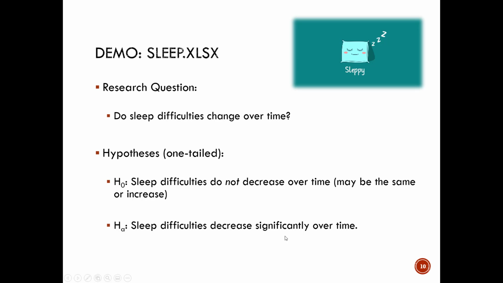Here's one alternate hypothesis. The null hypothesis is the other side, where the sleep difficulties did not decrease over time. This is kind of ambiguous about whether the sleep difficulties stay the same across time or increase, but essentially the meaning is that the alternate is not true. They're opposite hypotheses.